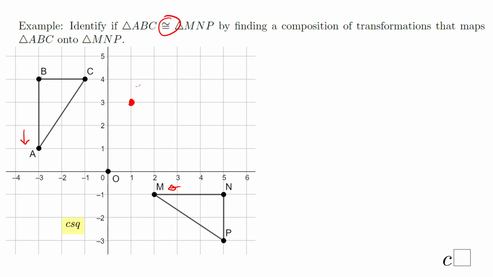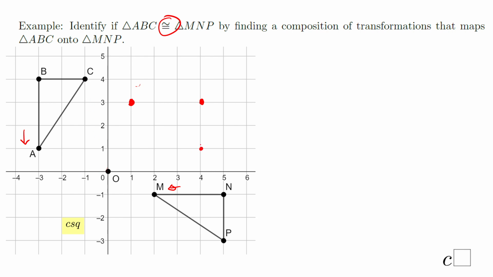If I rotate point B around the origin, this is -3 and 4, so that will be 4 and -3, is going to be somewhere here. And then point C, if I rotate around the origin, -1 and 4, that becomes 4 and 1.